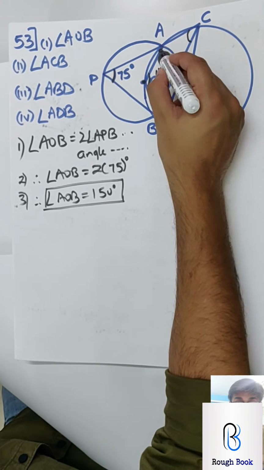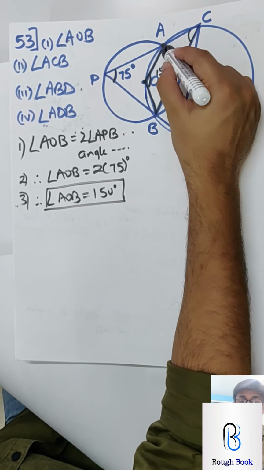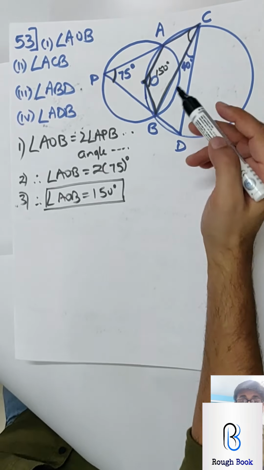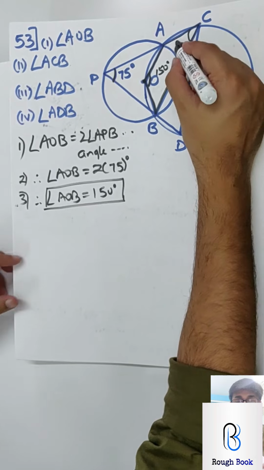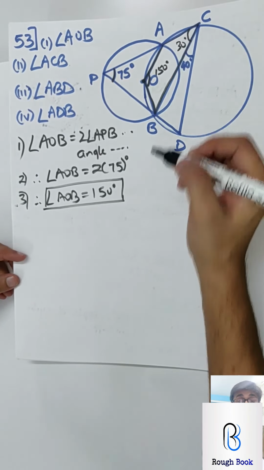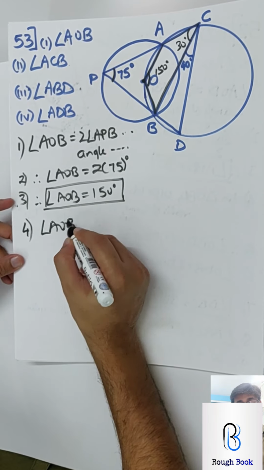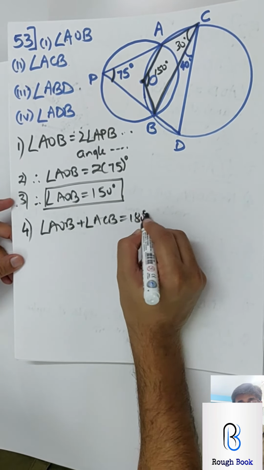I've given you the clue. You want me to give you clues further? So here, if you look at ACBO for this circle, it's a cyclic quadrilateral. So if this is 150, then this will be 30. Opposite angles of cyclic quadrilateral. So state it. Angle AOB plus angle ACB 180.